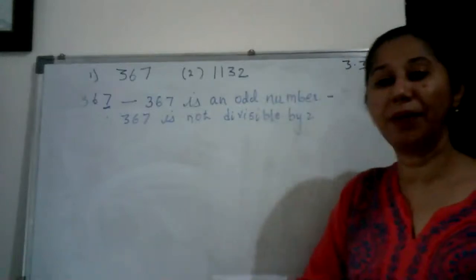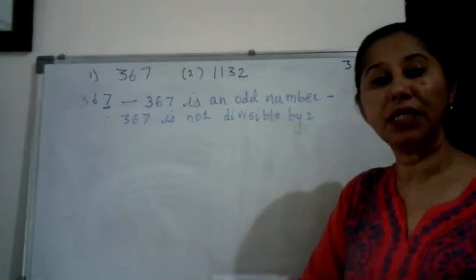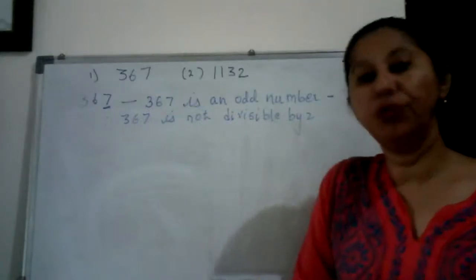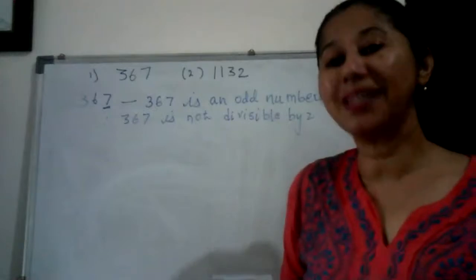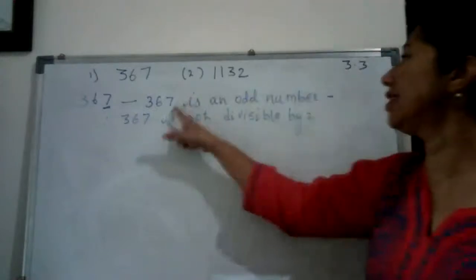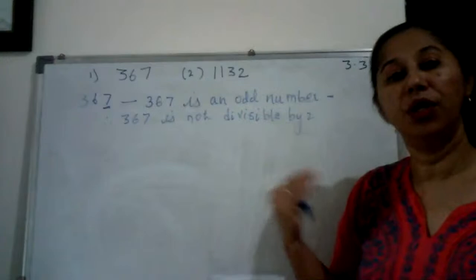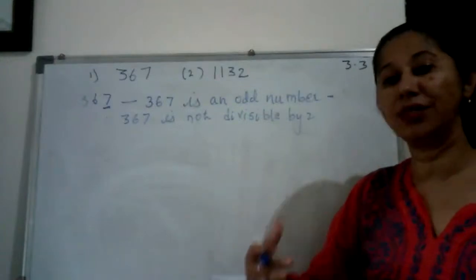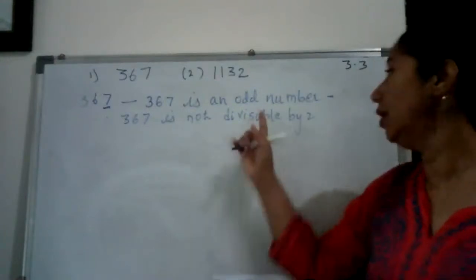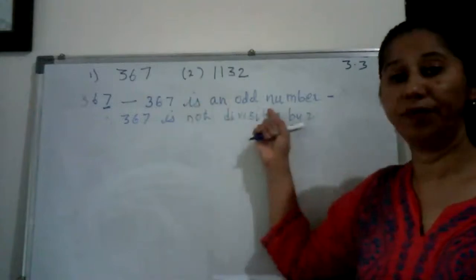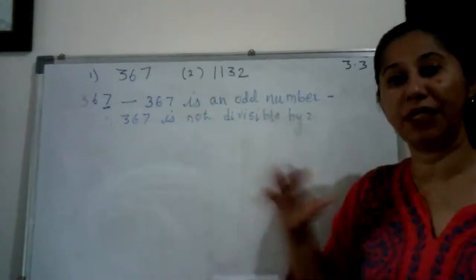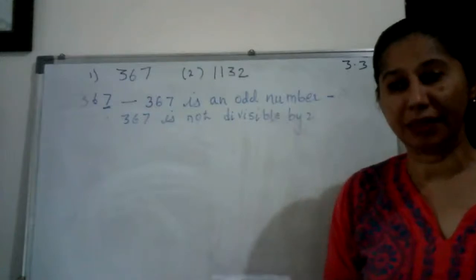Sometimes the question is: 367 is divisible by 2, true or false? If false, give the reason. Obviously it is a false statement. The reason is that it's an odd number. So you always have to give the explanation for the statement.